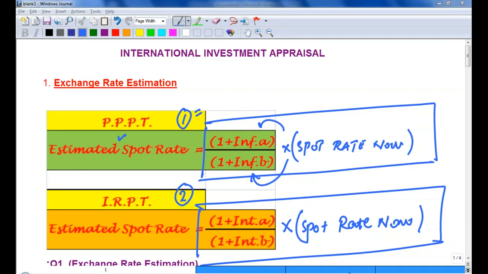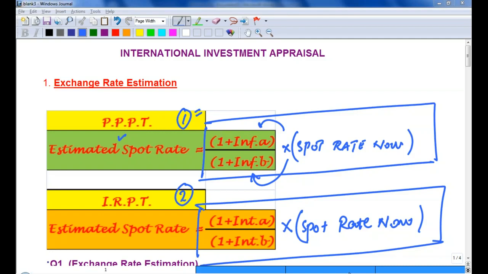So Australian dollars is the numerator, so the inflation of Australia is the numerator, and the inflation of UK is the denominator. That is the point. Same case with interest.